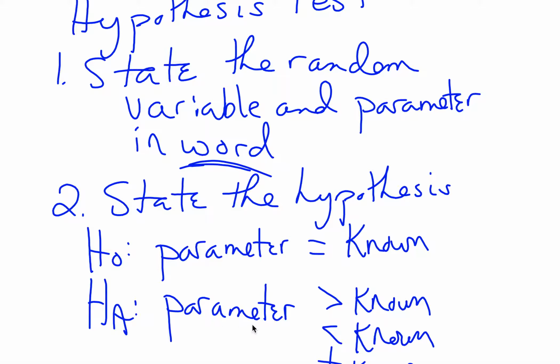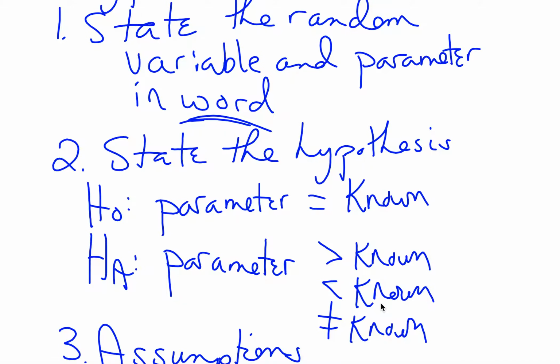HA is that your parameter is either greater than that known value, less than that known value, or not equal to that known value. So if you're asking the question of if it's more than, then you use the greater than. If you're asking the question, is your parameter less than, then you use the less than symbol. And if you're asking the question if your parameter is not equal to or different from, then you use the not equal to symbol.